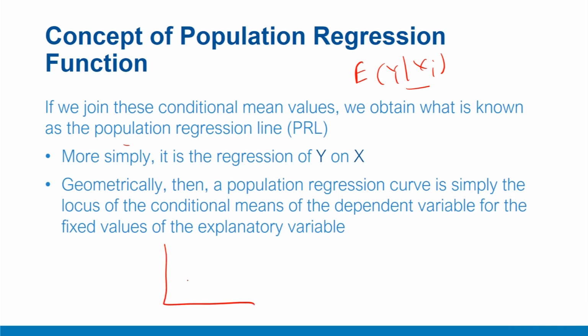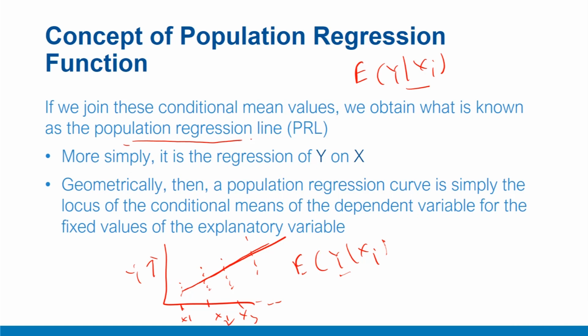So we join them for each value of Xi: X1, X2, X3, and so on. We had a set of values of Y, and we joined the conditional mean of these values for a given Xi.